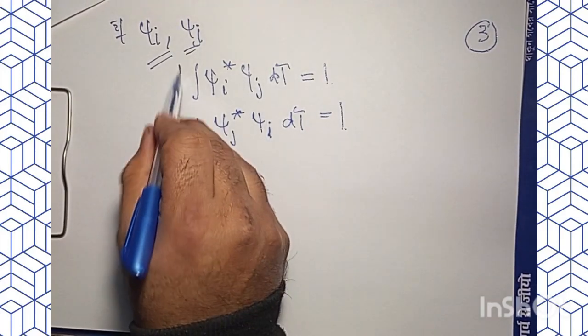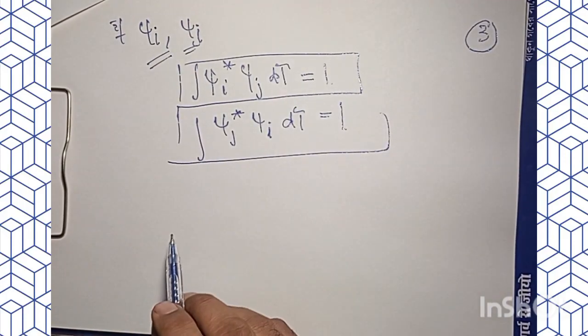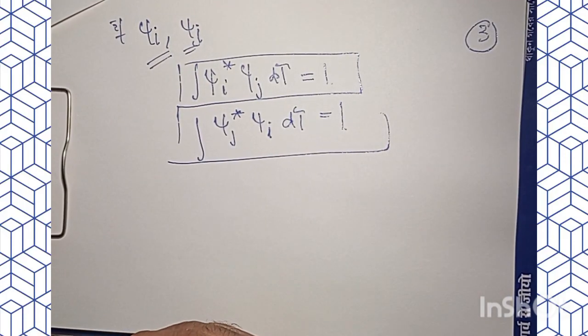They can be normalized because both of these wave functions are solutions; they satisfy Schrodinger's wave equation.